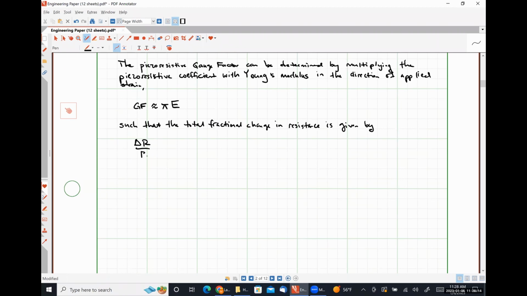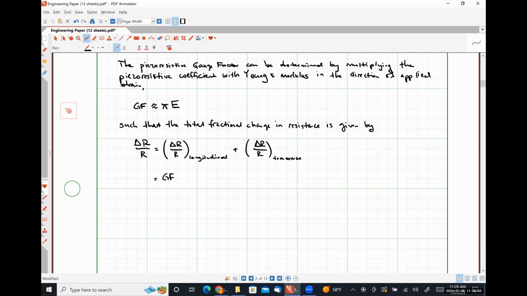delta R over R will be the fractional change in resistance due to longitudinal effects plus the fractional change in resistance due to transverse effects. And we can do a little bit of manipulation here.